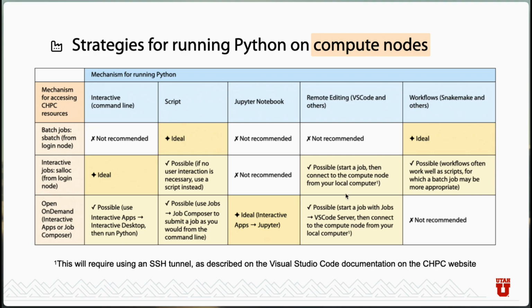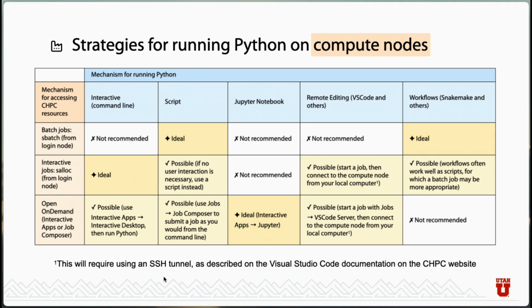And then you would connect to that from, for example, VS Code on your local computer. We have some documentation on how to do this because it will require using what's called an SSH tunnel, simply because the compute nodes on CHPC systems are not accessible directly from the internet.